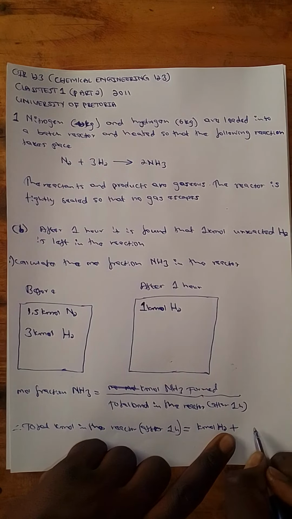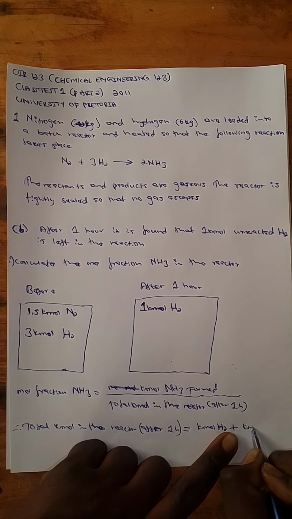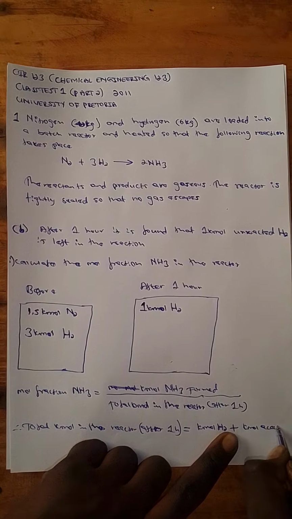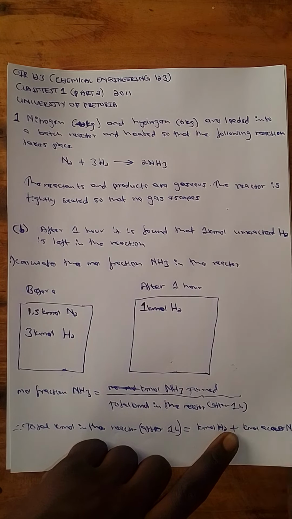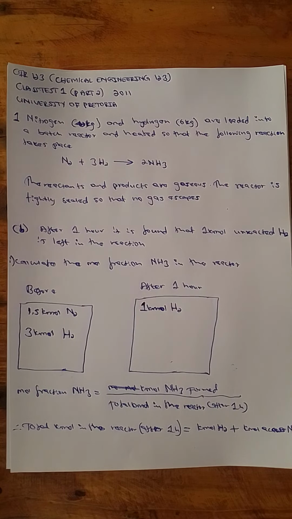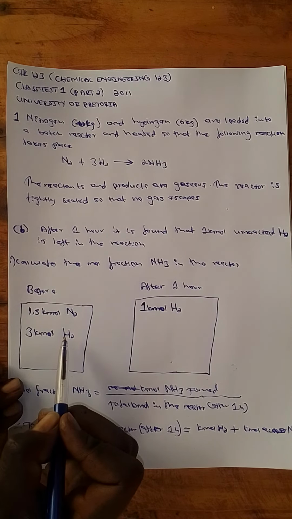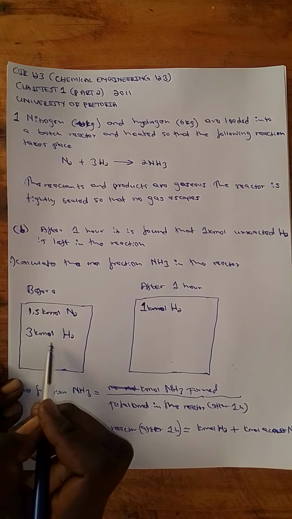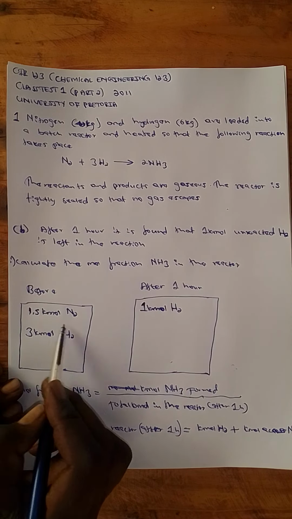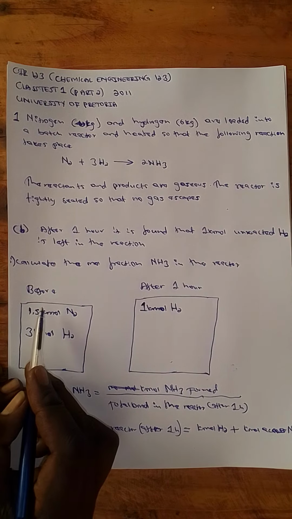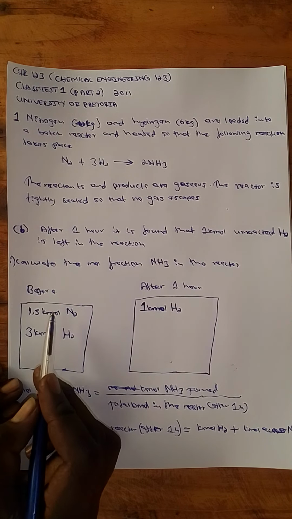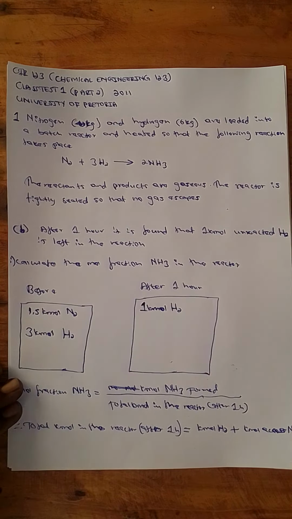Another thing is we had the kilomole excess N2. If we recall from the first video, we found that N2 was in excess and H2 was limiting, which means theoretically we expected all the hydrogen to react and a portion of the nitrogen to remain, because that portion of nitrogen did not have enough hydrogen to react with.